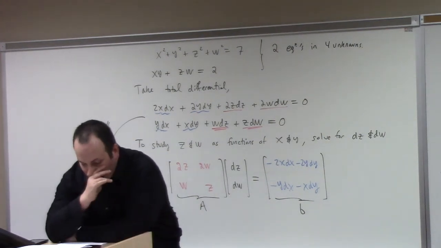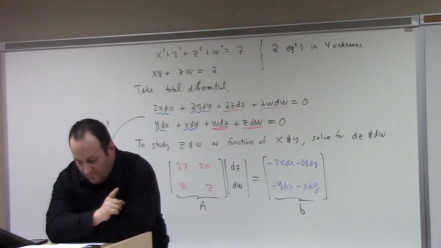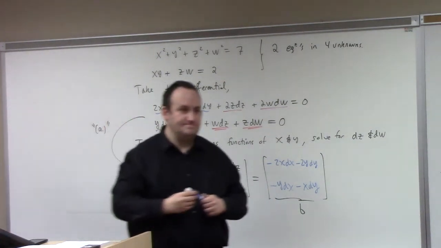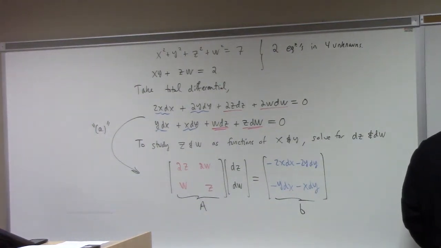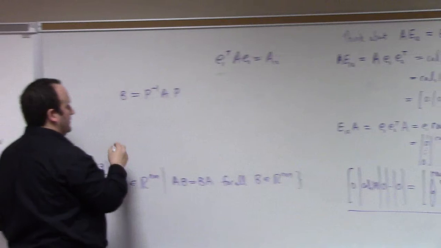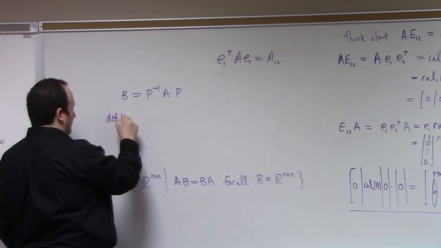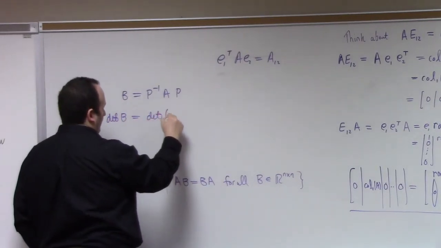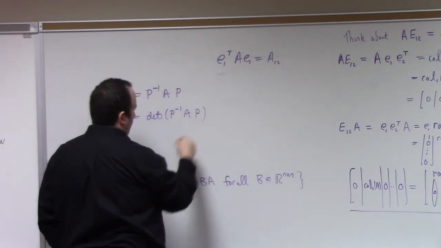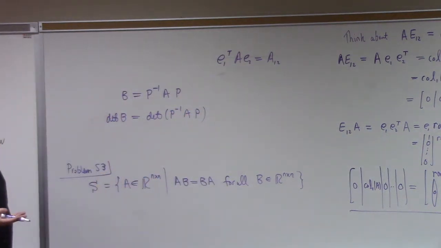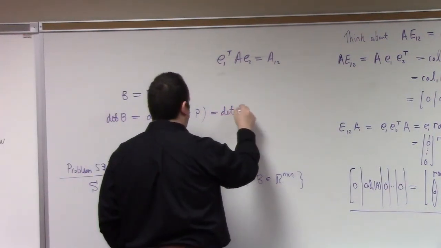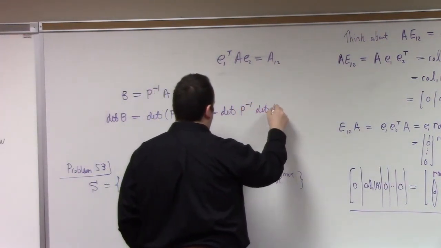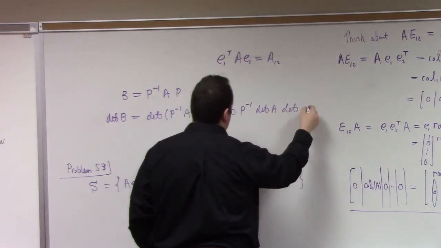So, by the way, problem 50 is a determinant problem, right? So if you have B is equal to P inverse AP, right? What's the determinant of B equal to? But then we know the product identity, right? Which we can apply multiple times.